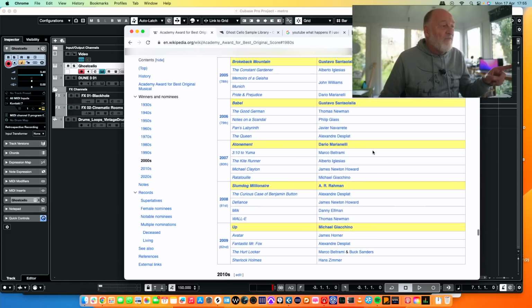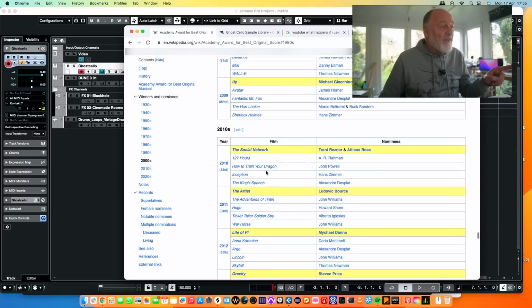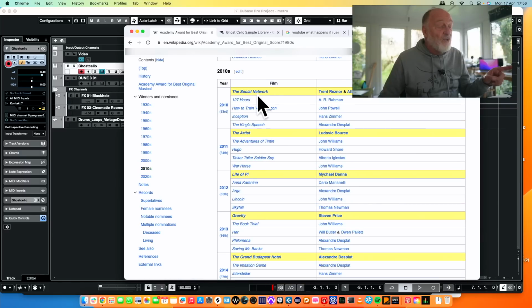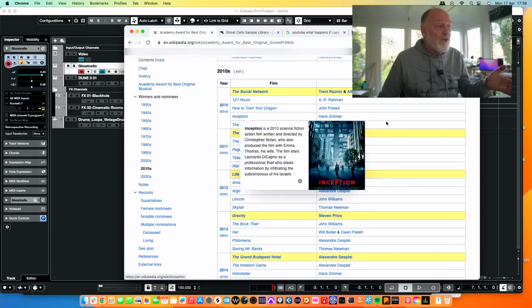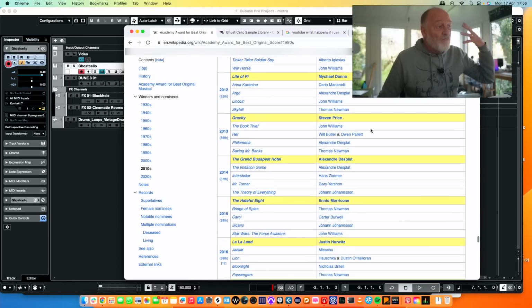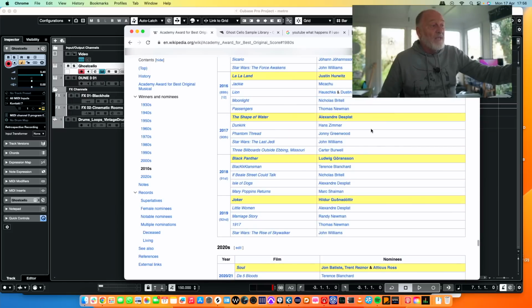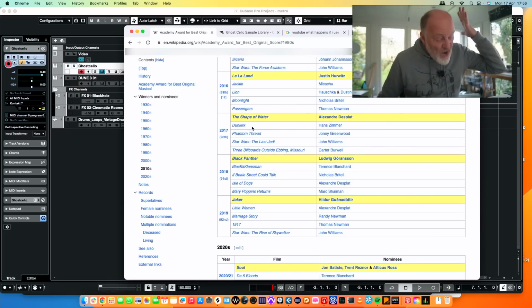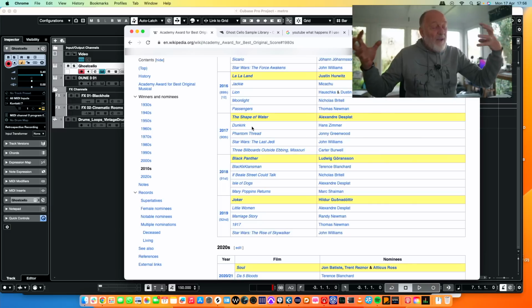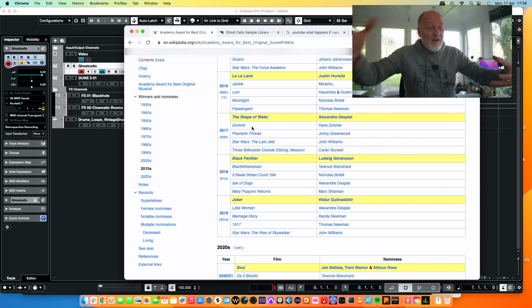And then further down the road into the 10s, The Social Network. That is definitely not a big tune film. Inception, very much about the sound. So the rise of the sound is really important here. Dunkirk in 2017, an absolutely phenomenal piece of work, a blend of sound and music, and you can't spot where the sound effects and the music cross.